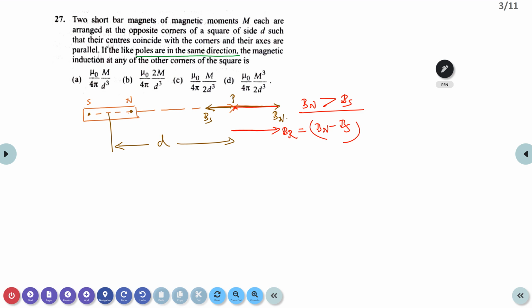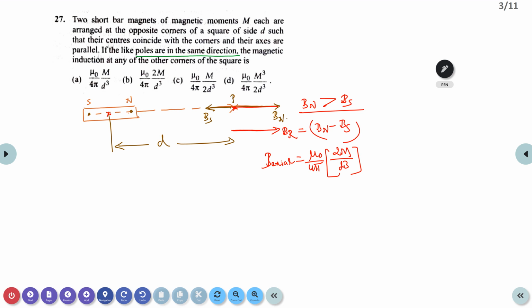The magnetic field for the axial line equals mu naught upon 4 pi into 2M divided by D cubed. D is the distance between the center of the magnet and the point where you want to measure the magnetic field. This is for the axial line.